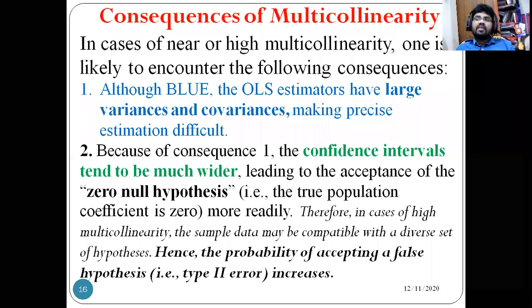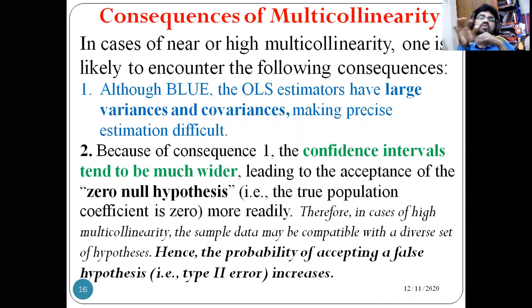So when there is a multicollinearity problem in your model, you may end up accepting the H0 that there is no relationship between income and consumption. You would conclude, on the basis of your data, that there is no relationship between income and consumption. So when a model suffers from multicollinearity, you need to accept your null hypothesis.